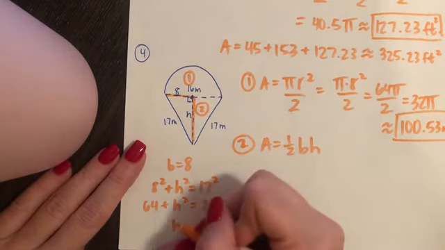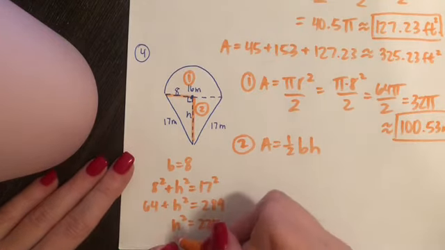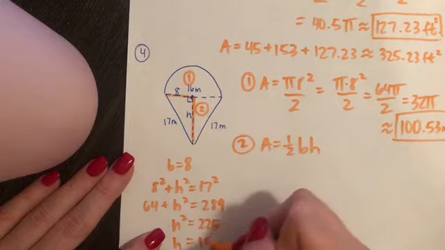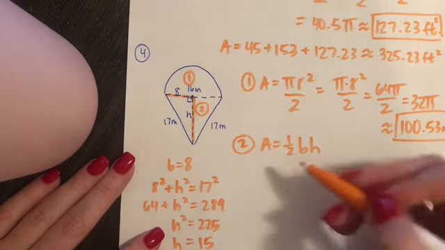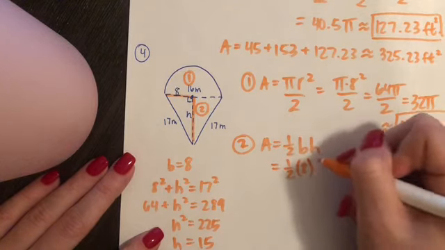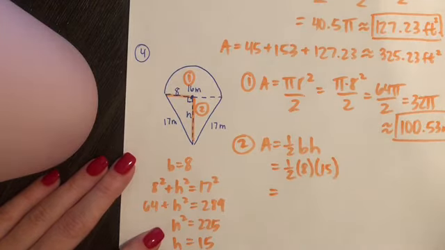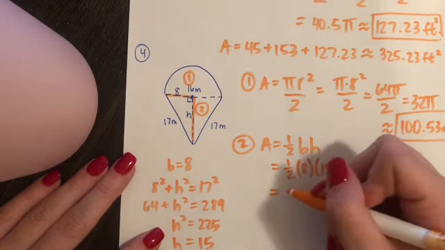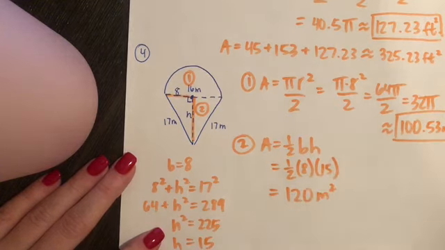When you subtract it over, and then take the square root as your last step. All right, so my height is 15, my base is 8. Let's plug it in. When I punch that on the calculator, you should get that this is 120 square meters.